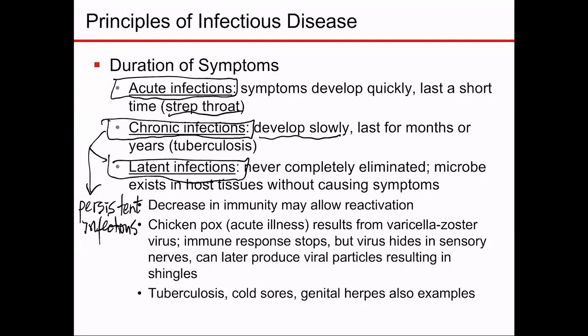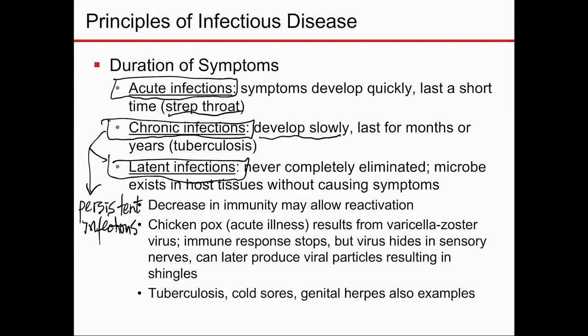However, when we talk about a latent infection, we're talking about an infection in which the pathogen may infect a particular tissue in the body, and then it could remain dormant, silent in that tissue for the rest of the life of the subject. Sometimes it could be reactivated, and as a result of that reactivation, the pathogen starts to replicate again and may produce signs and symptoms of the infection again.